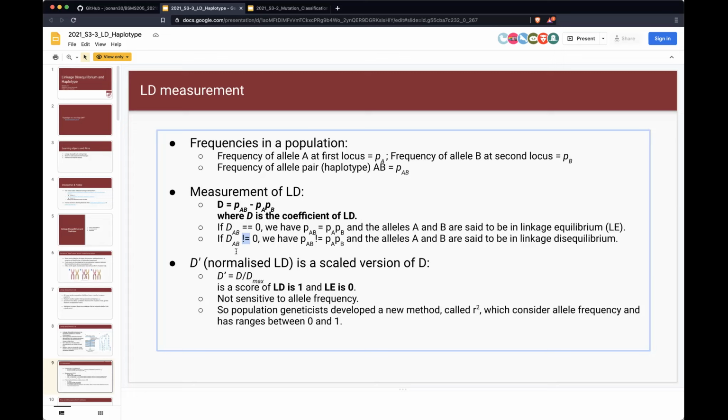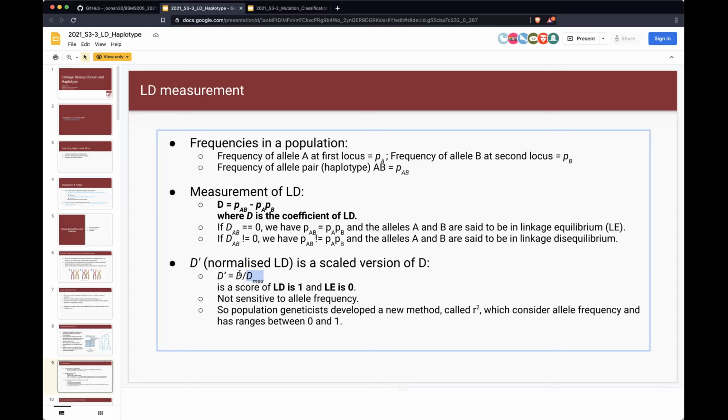So in this case, you calculate the normalized value. How do you do that? When you measure the LD coefficient, you also measure the max D from the region. Then you calculate the max D value and divide each D value in the region by that value.